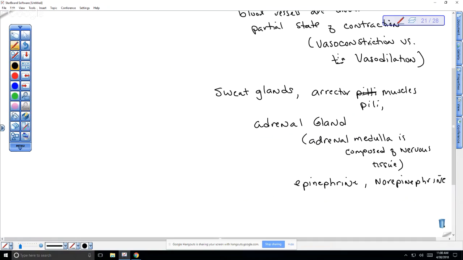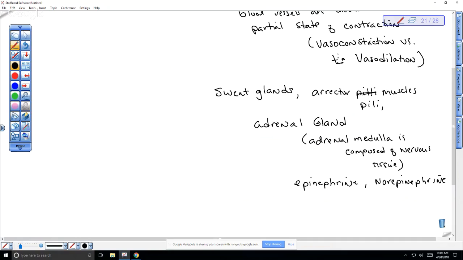For example, if you are having vascular shock, where your blood pressure drops dramatically, maybe due to an allergic reaction, they give you epinephrine. Why do they give you epinephrine? What does that do? Yes, it increases the heart rate, and it constricts blood vessels.